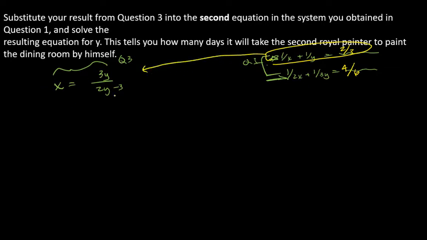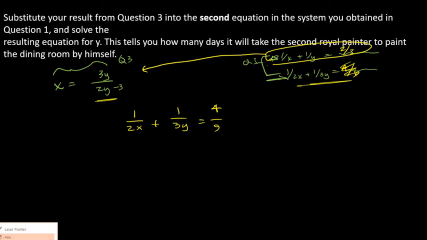Now they're saying substitute this into this equation. First I'm just going to rewrite this equation bigger. Let's say my second equation is 1 over 2x plus 1 over 3y equals, oh, I just realized 4 over 6 isn't going to work. Let's do 4 over 9. Again, I'm just making up this equation. It's not the correct one. 1 over 2x plus 1 over 3y equals 4/9.